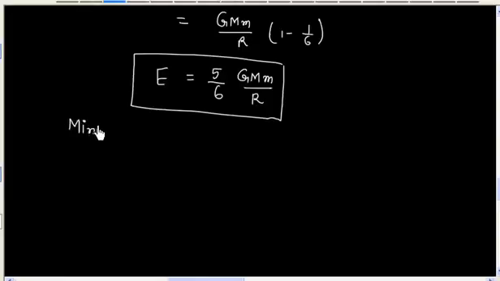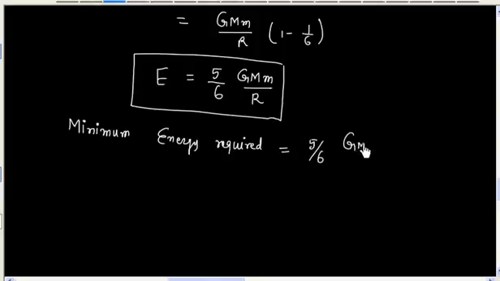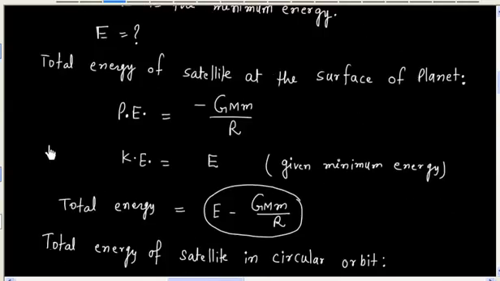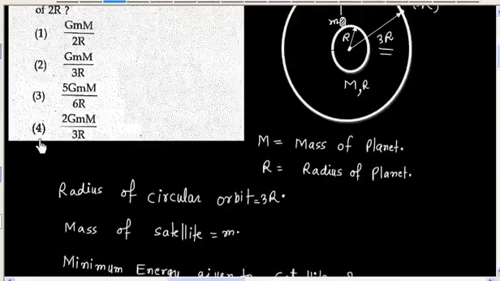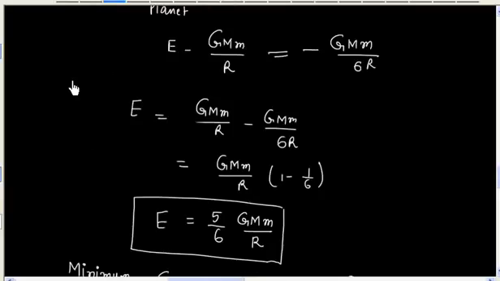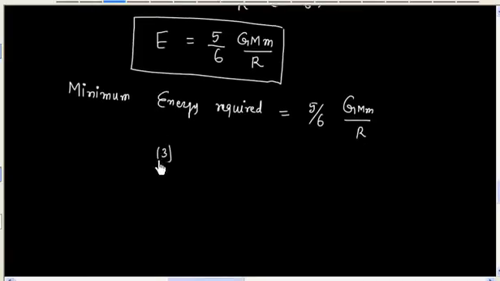So minimum energy required is 5 by 6 GMm by R. So correct option is 3, that is 5 by 6 GMm by R. So 3 is the correct answer.